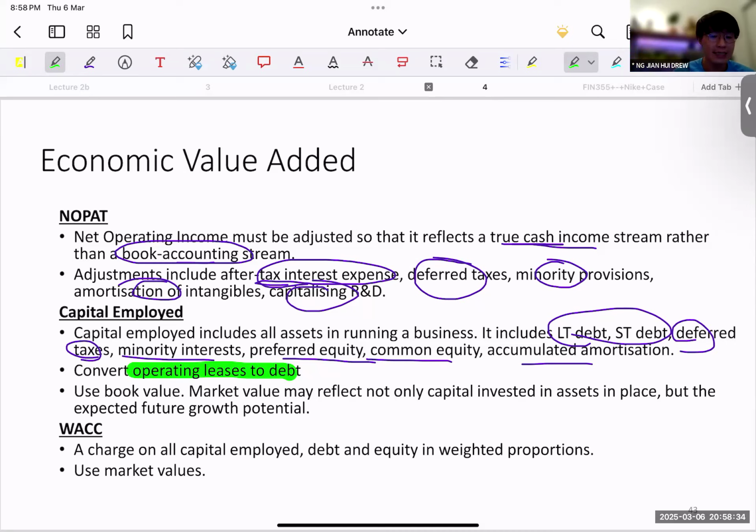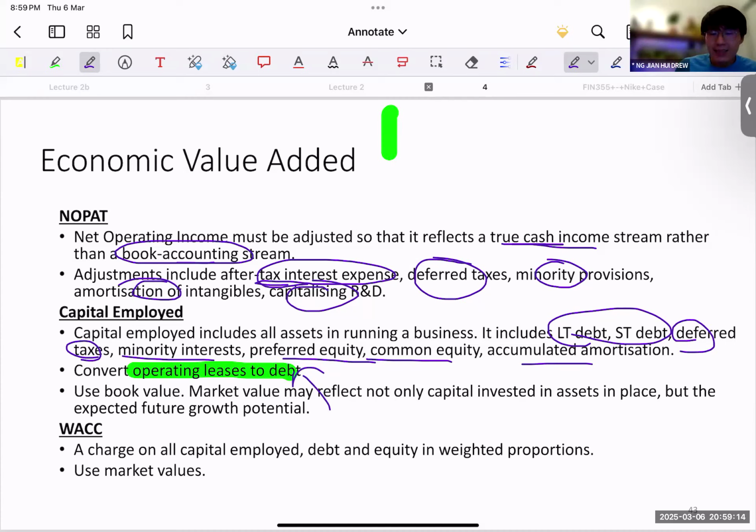If you do notice these, chances are there are non-Singaporean firms where you will see operating leases in your balance sheet, right? Generally, in the Singapore FRS, operating leases are now categorized as rights of use, which is reflected as an asset, and then on the credit side, it's a lease liability, right? And this is for the lessee.